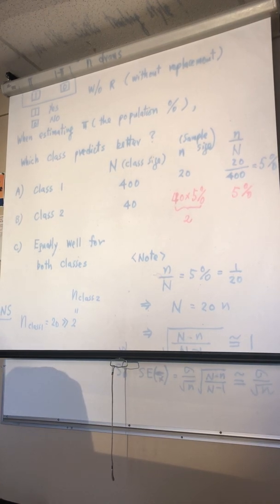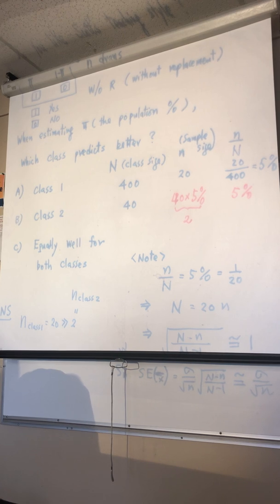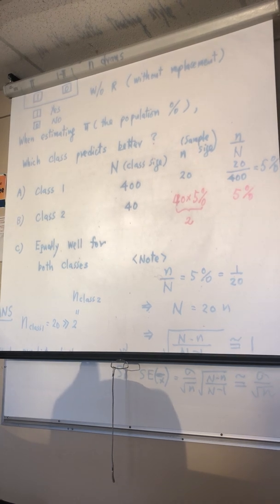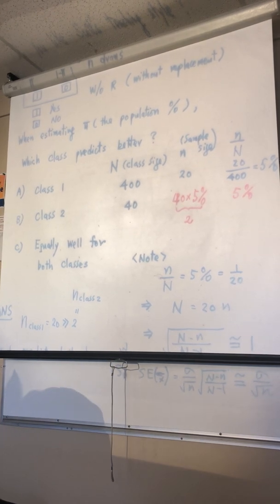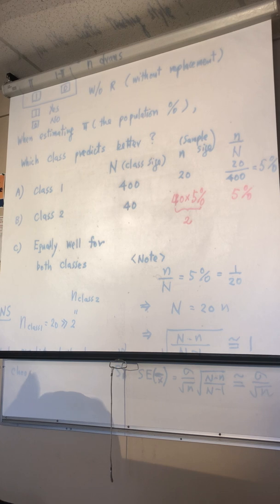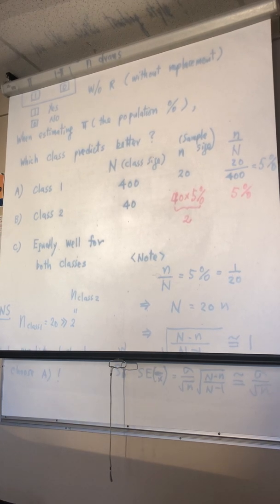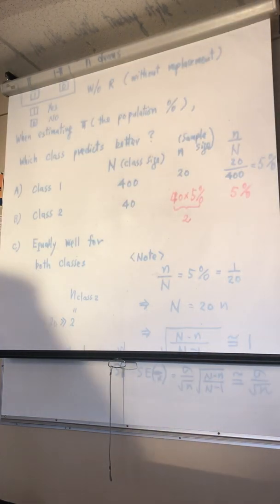So class 1 predicts better. Choose A. Is that clear?